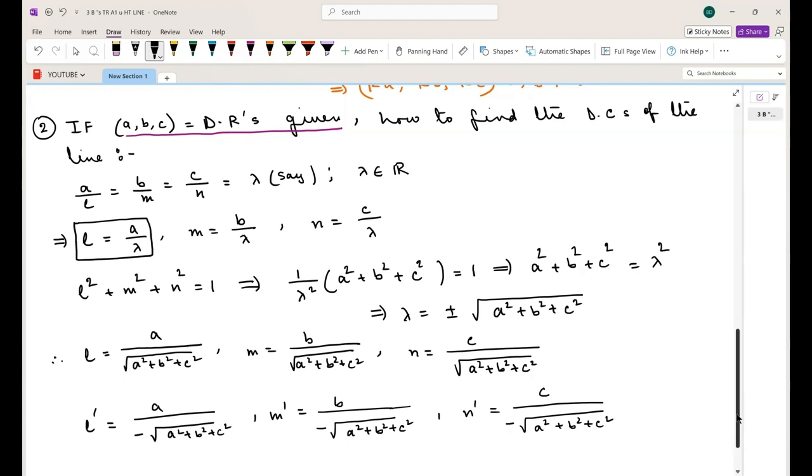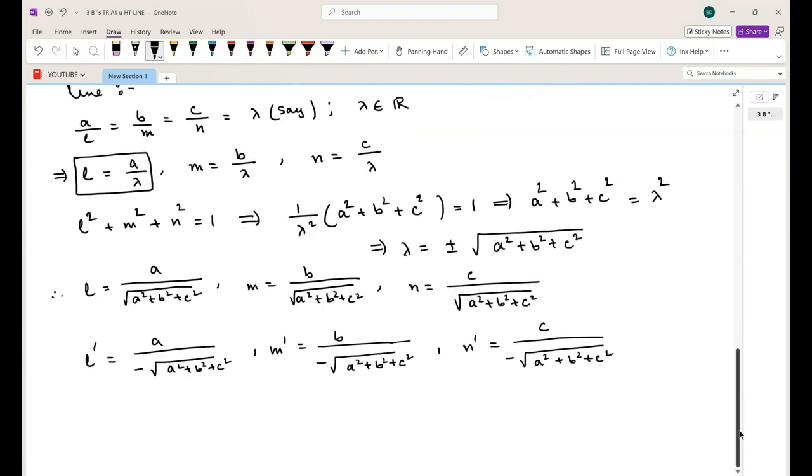In the beginning only we saw that for any line in space there are two sets of DCs. So here we learned two things: one is, if a set of DRs are given, ABC, how to calculate the DCs, and also from the calculation we see that there are two sets of DCs.